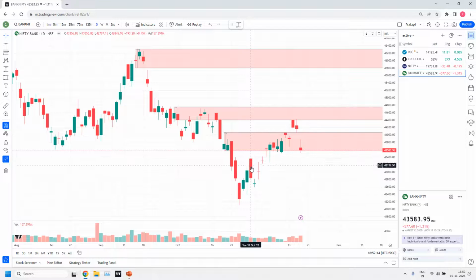So you have a drop candle here. See here, you have a drop candle, and there is some gap.